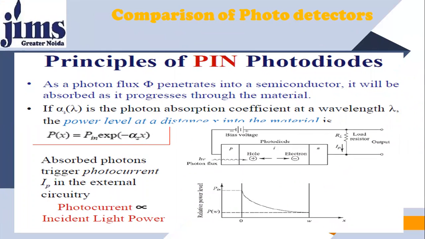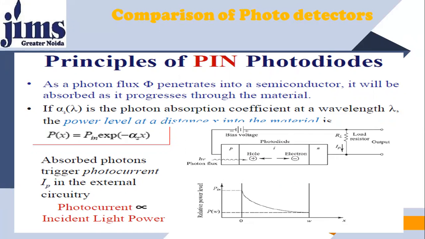Now come to the PIN photodiode. In PIN photodiode, photons penetrate into a semiconductor. They will be absorbed as they progress through the material. Means the photons that impact the active layer of the semiconductor are absorbed, and these photons transfer their energy to the bonded electrons, and electrons gain energy and become free.